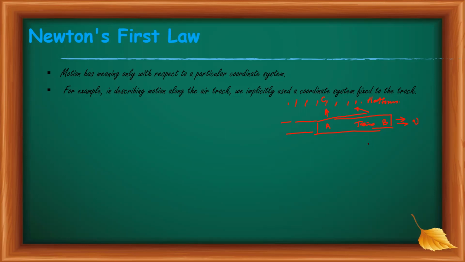I write here A sitting, that means not moving, sitting on the train. B also sitting on the train, and C is standing on the platform.